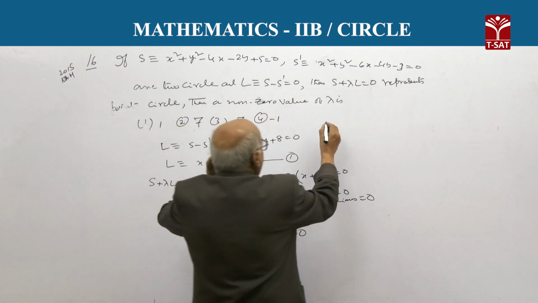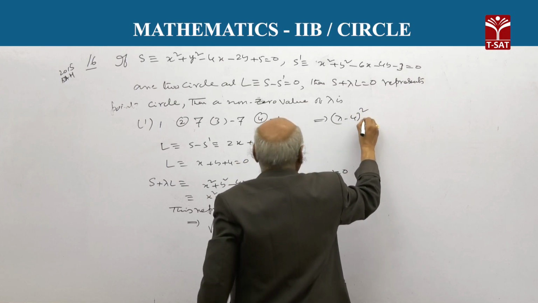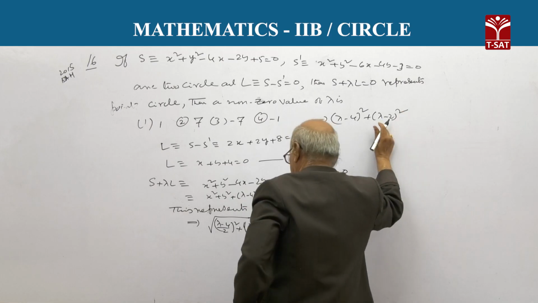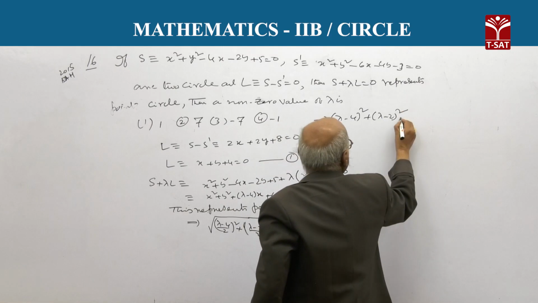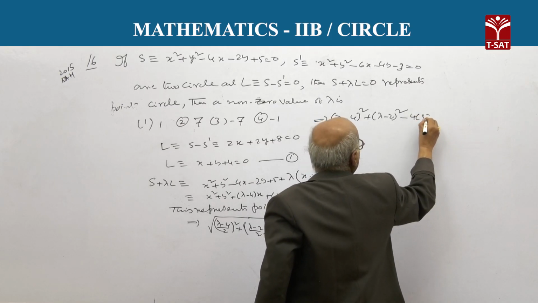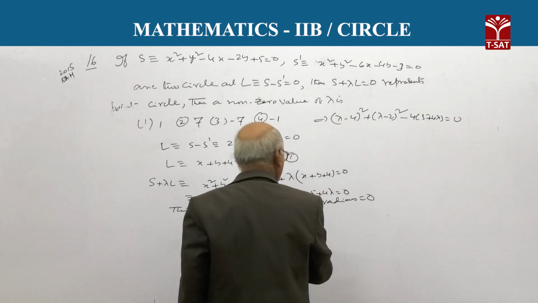So, that will give you lambda minus 4 whole square plus lambda minus 2 whole square minus 4 into 5 plus 4 lambda is equal to 0.